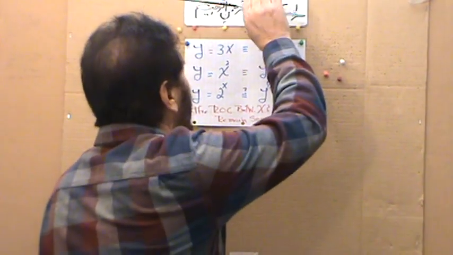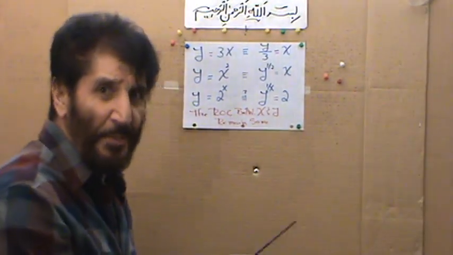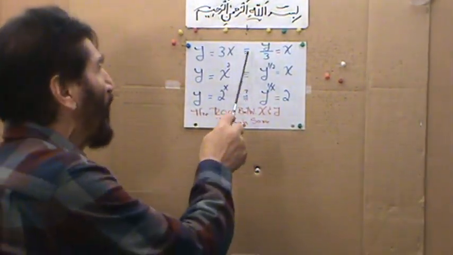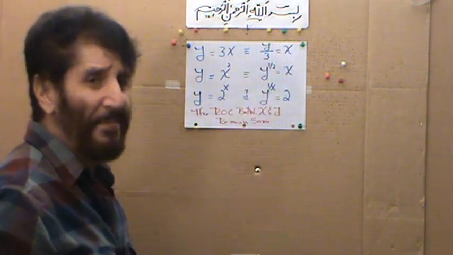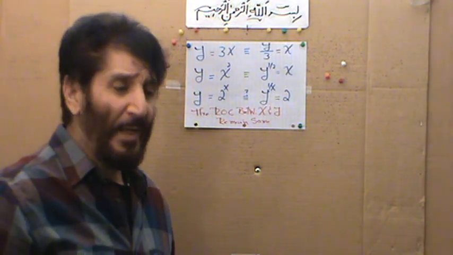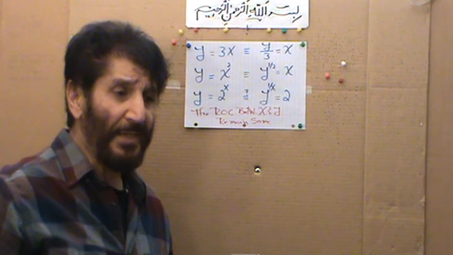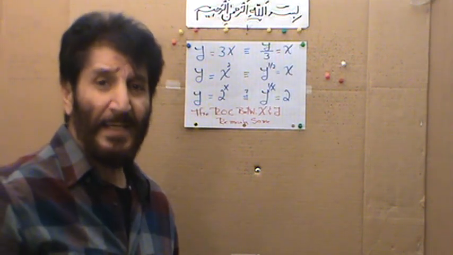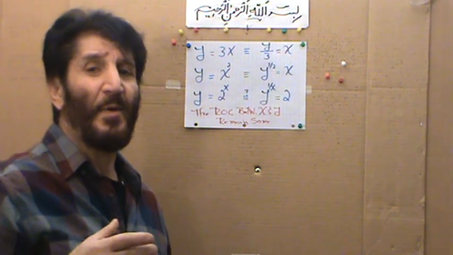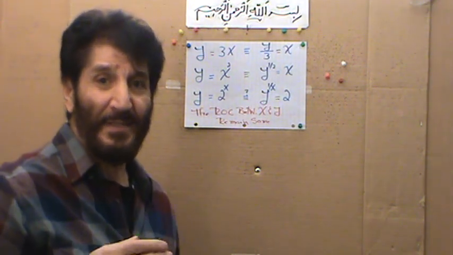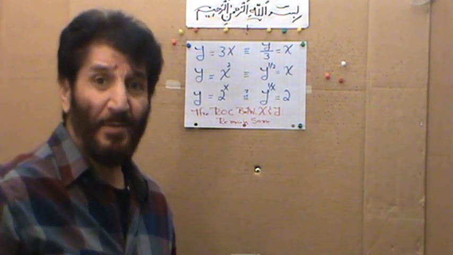Now, y equal to 3x, with algebraic manipulation, is equivalent to y over 3 equal to x, and they will have the same graph. When I say graph, I always repeat this, as I have said in the previous lectures: graph means, in 2D, a set of ordered pairs.